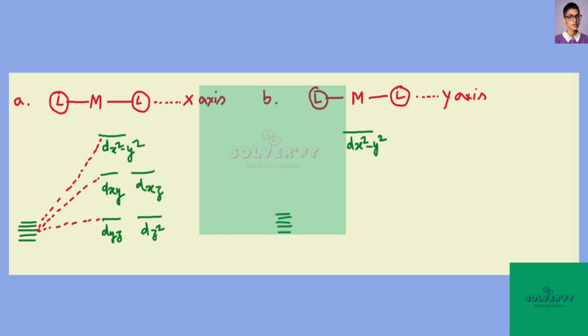This is along the y-axis, so repulsion is maximum and energy is highest. After that, there are 2 orbitals where y is present; because they are closer to the y-axis, repulsion is slightly lesser and so the energy is also less. So here it is dxy and dyz.